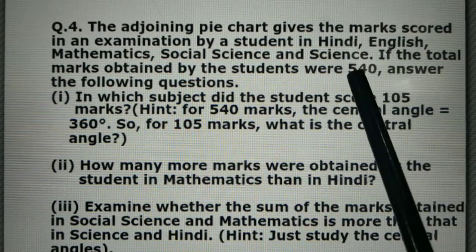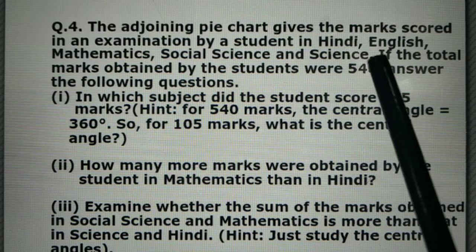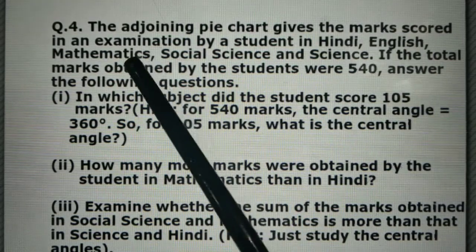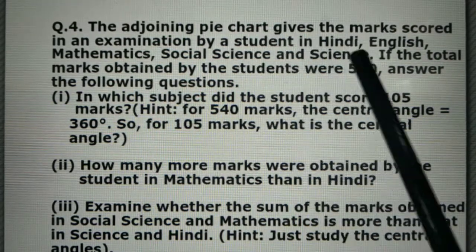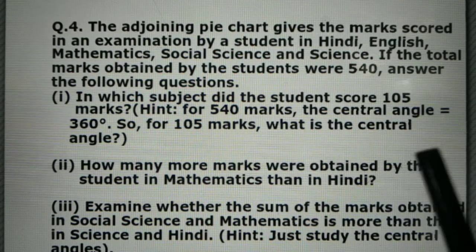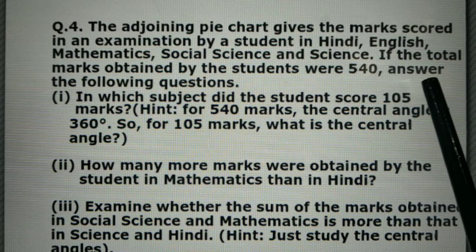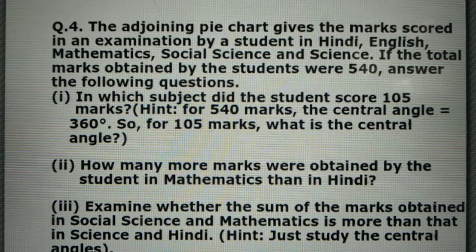Adjoining pie chart means the pie chart is already given with this question. We have to just answer the questions on the basis of the pie chart.